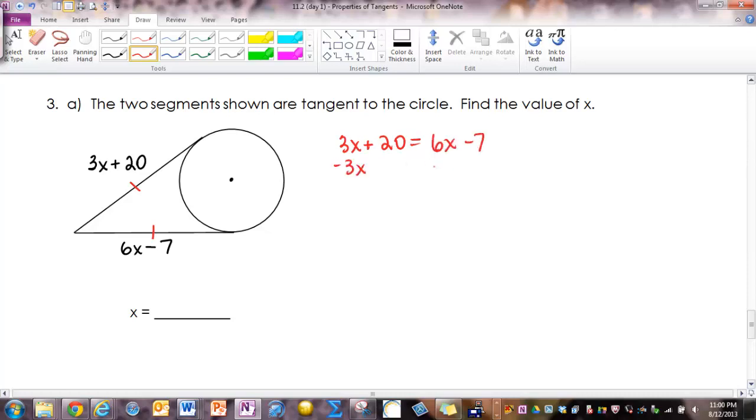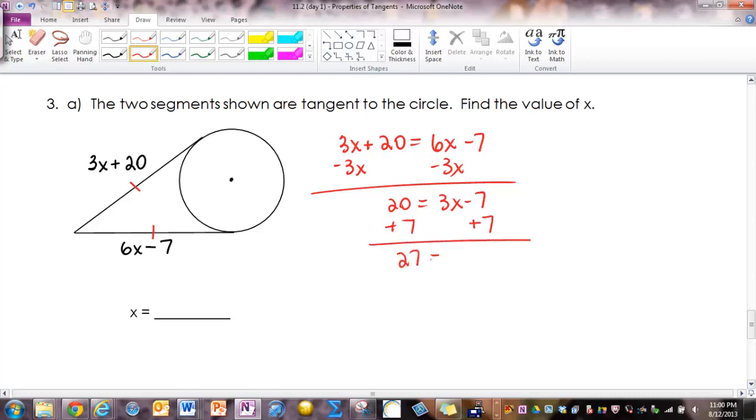Subtracting 3x from both sides, I get 20 equals 3x minus 7. Adding 7 to both sides, I get 27 equals 3x. Divide both sides by 3, and I get x equals 9. So if x equals 9, the two segments are going to be congruent to each other.